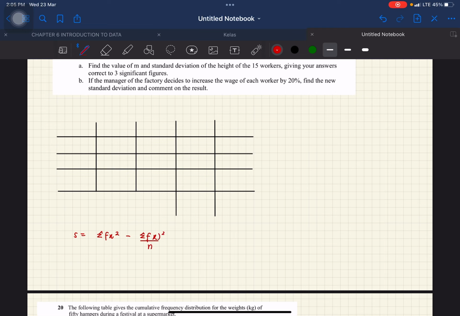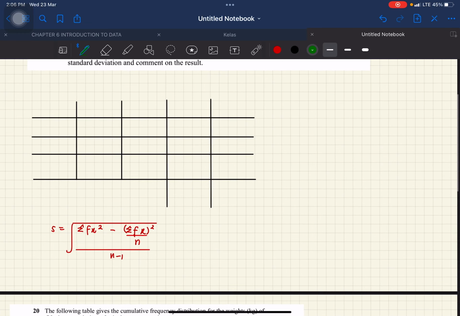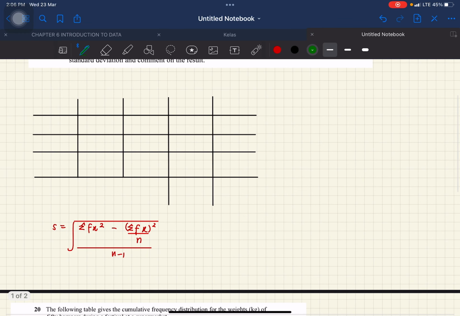Don't forget to put the square on top and the square root on the outside. So this is our formula for standard deviation. To find the new standard deviation, I write new standard deviation here, and here it should also be the new value.